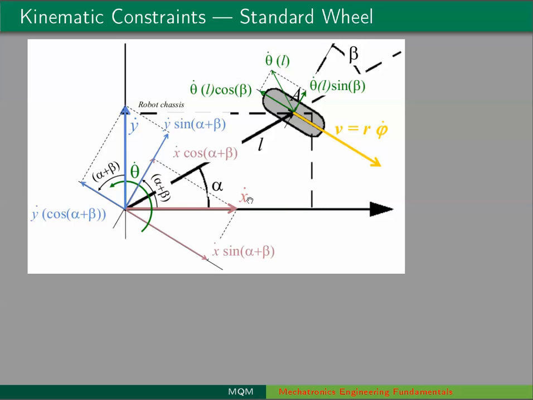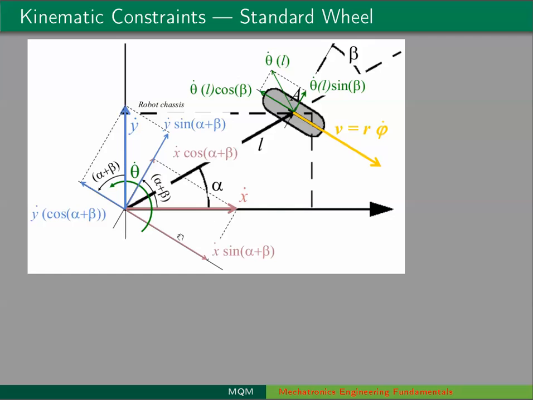So we have x dot, y dot, and theta dot. So those are the velocities of the robot chassis in this robot coordinate frame. And we've decomposed those velocities into components that are in the direction of the wheel plane and perpendicular to the direction of the wheel plane.